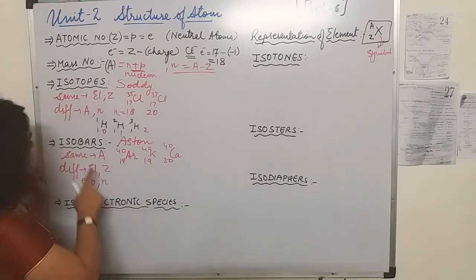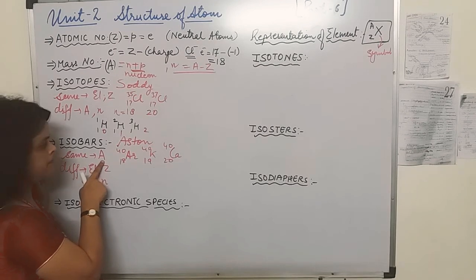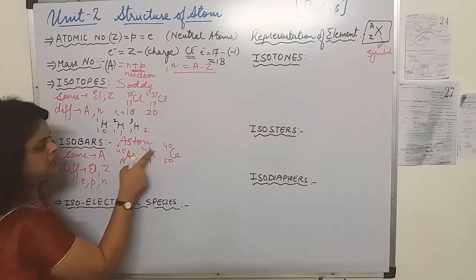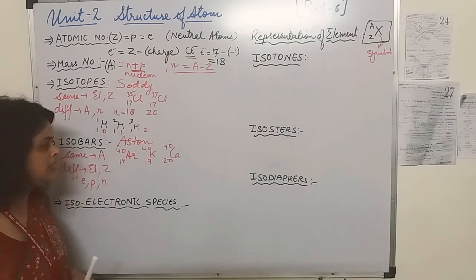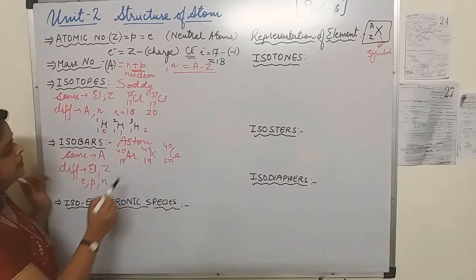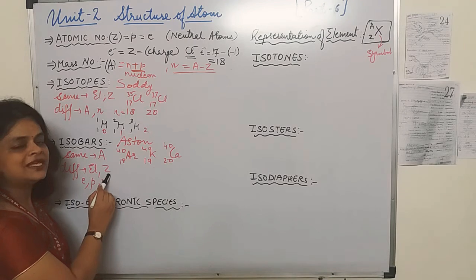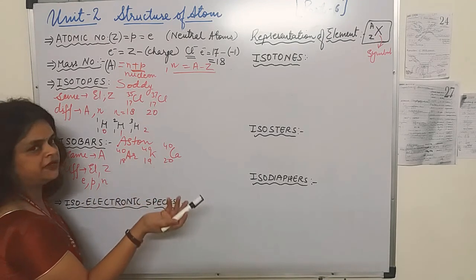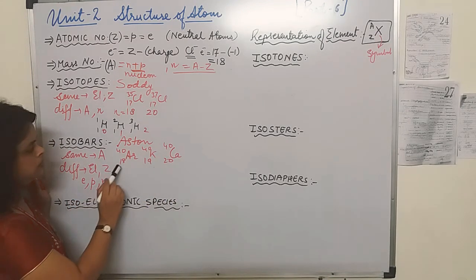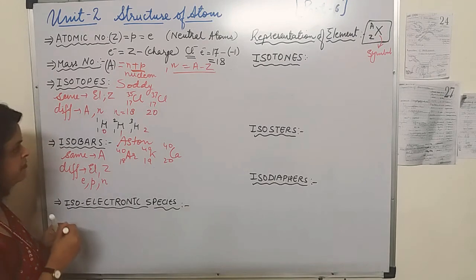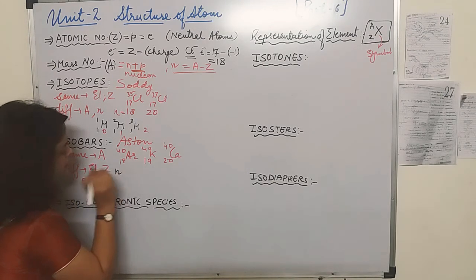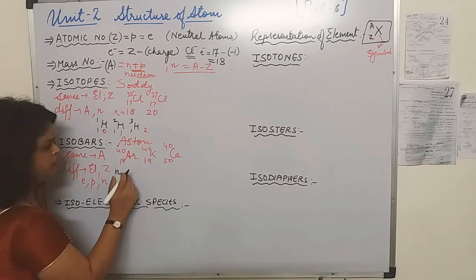Let's see how. First, same mass number: 40, 40, 40. So the mass number is the same. Different elements: argon, potassium, calcium are different. Atomic number Z, 18, 19, 20, is different. Electrons and protons, 18, 19, 20, are different. If you calculate n, what is the number of neutrons over here?